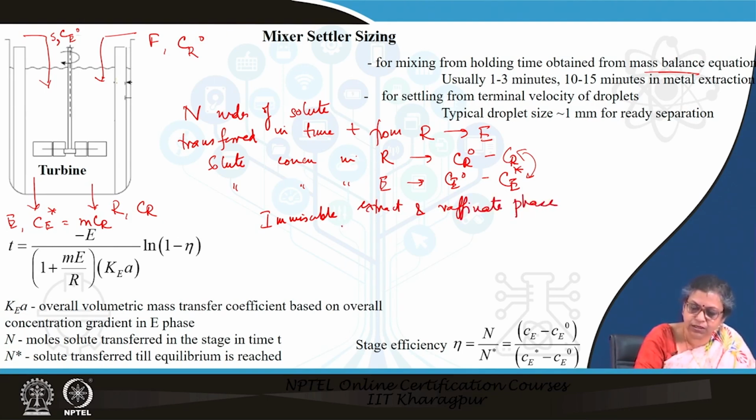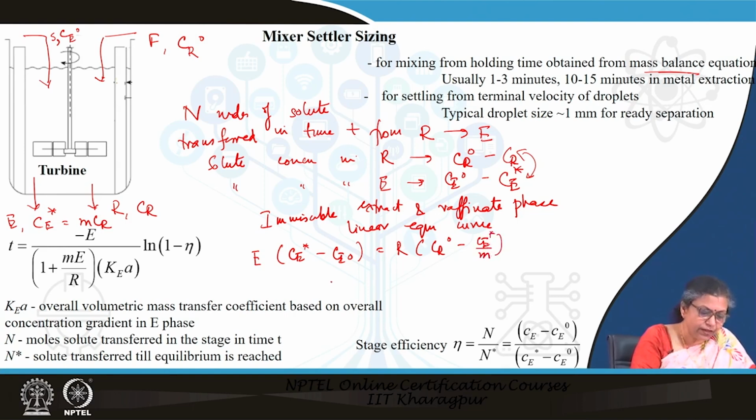and also a linear equilibrium curve. Under these conditions, if we write down the mass balance, we get E (Ce star minus Ce0) equals R into (Cr0 minus Ce star by m), right.